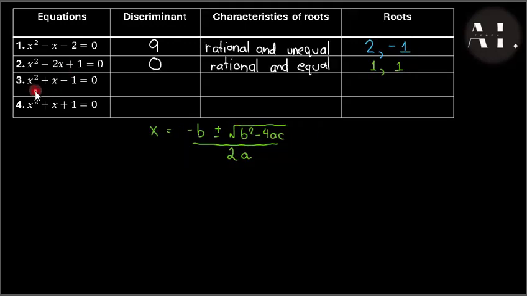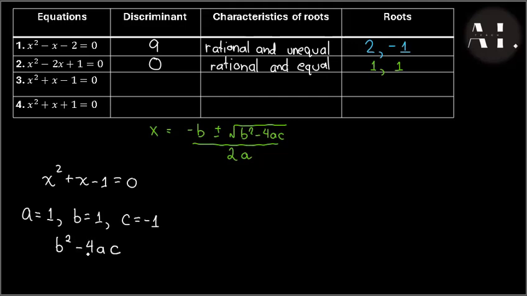For the third equation, we have x squared plus x minus 1 is equal to 0. Identify the coefficients a, b, and c. The value of a is 1, b is 1 as well, c is negative 1. Substitute these values to our discriminant formula.